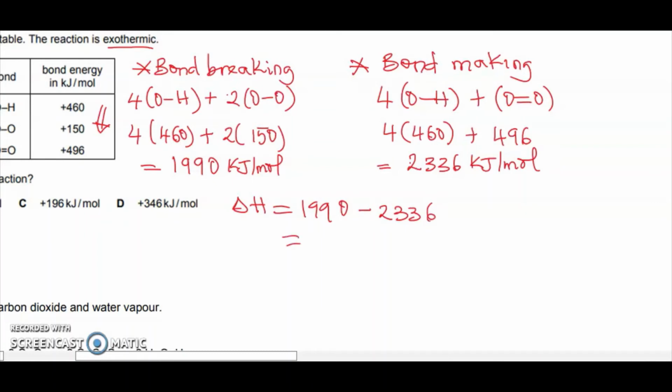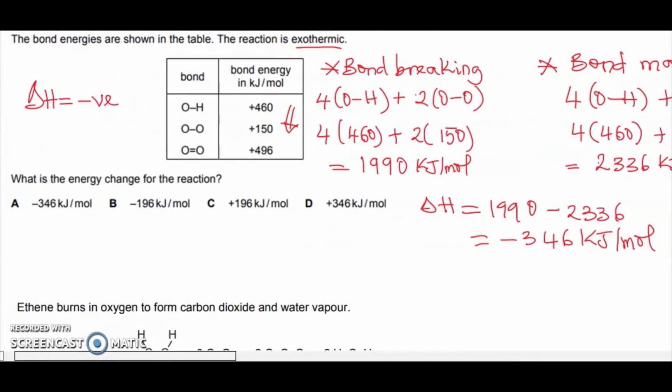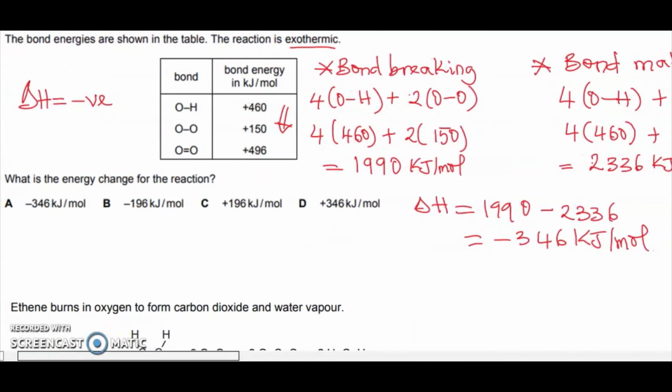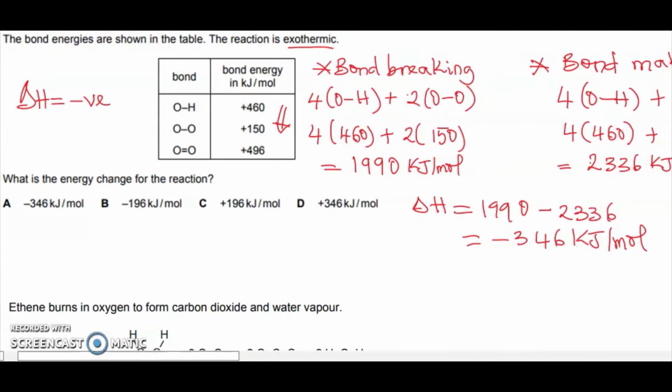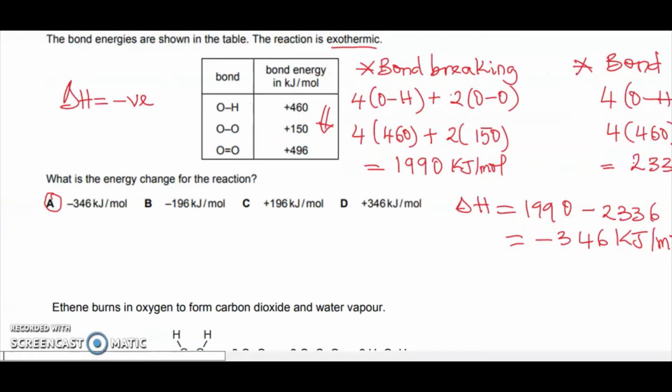And what does that give us? It gives us negative 346 kilojoule per mole. Do we have this answer amongst the options? Negative 346. Of course we do. So here we have A. So A is the correct answer. Did you get that right? Okay, let's move to the next question.